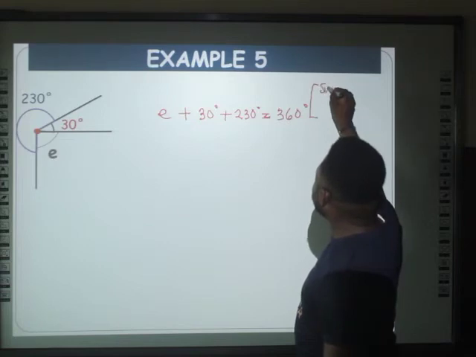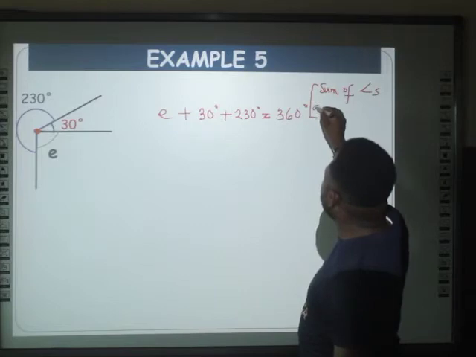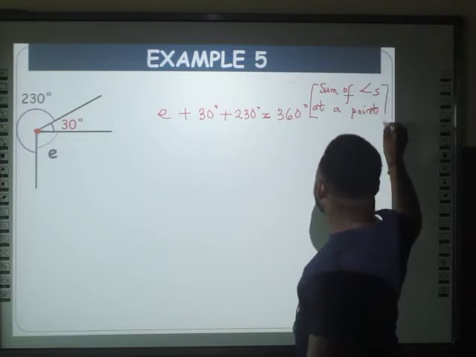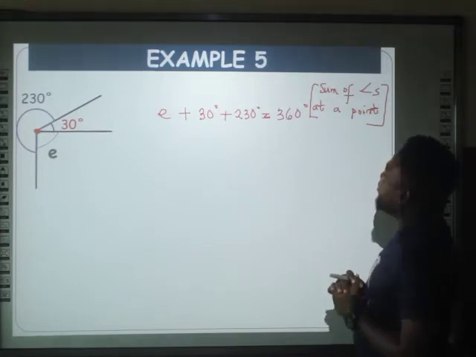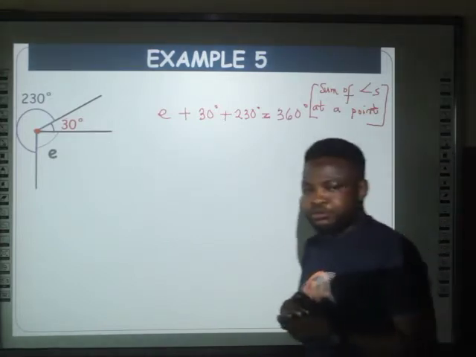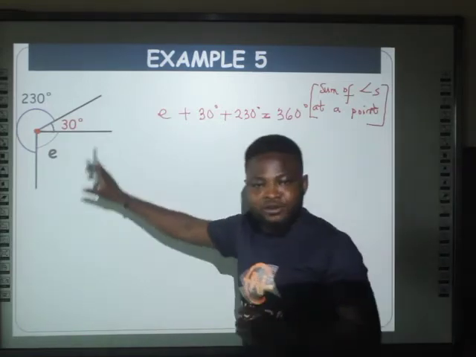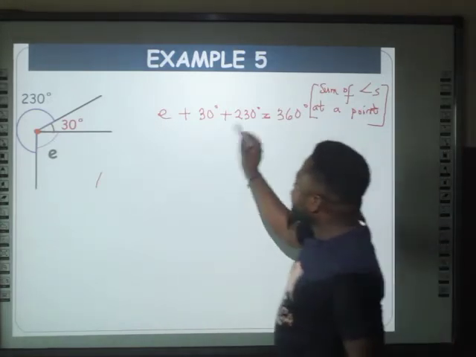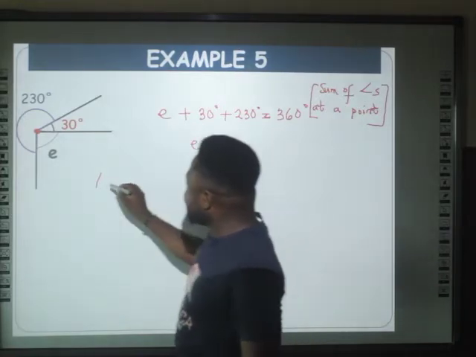This is the sum of angles at a point, because the examiner expects you to tell us how you arrive at 360 degrees. It's one of the angle rules. Remember, one of the angle rules states that the sum of angles at a point is equal to 360 degrees.